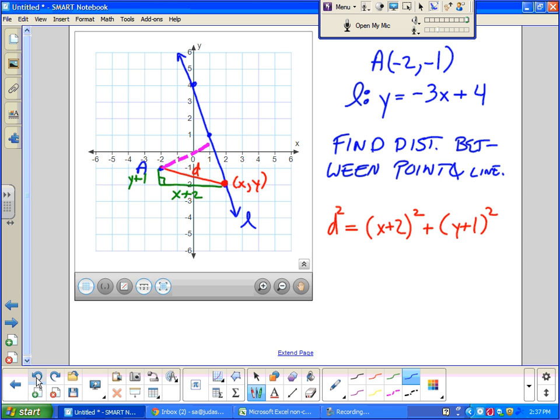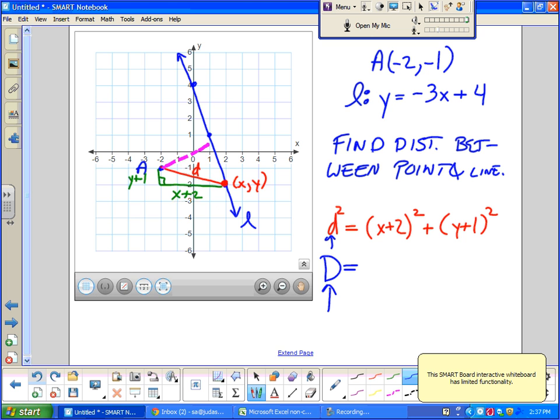If I had 2.1, it'd be more than 4, right? So instead of d squared, which leaves me a real problem taking the derivative, I'm going to try to optimize capital D, which is the distance squared. If I make this as small as possible, little d will be as small as possible. It makes the derivatives way easier.